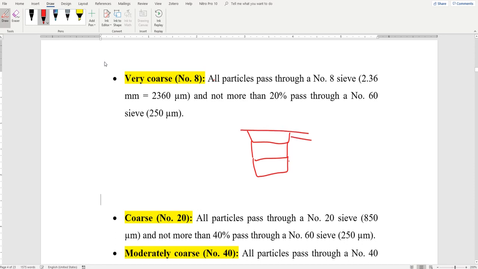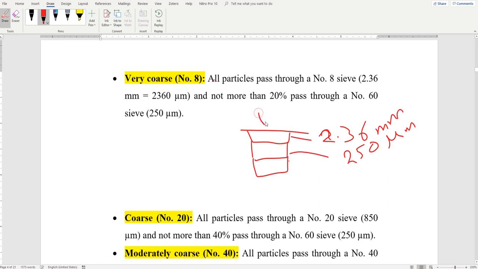This is sieve number 8, which is 2.36 millimeter, and this is sieve number 60, which is 250 micrometers.